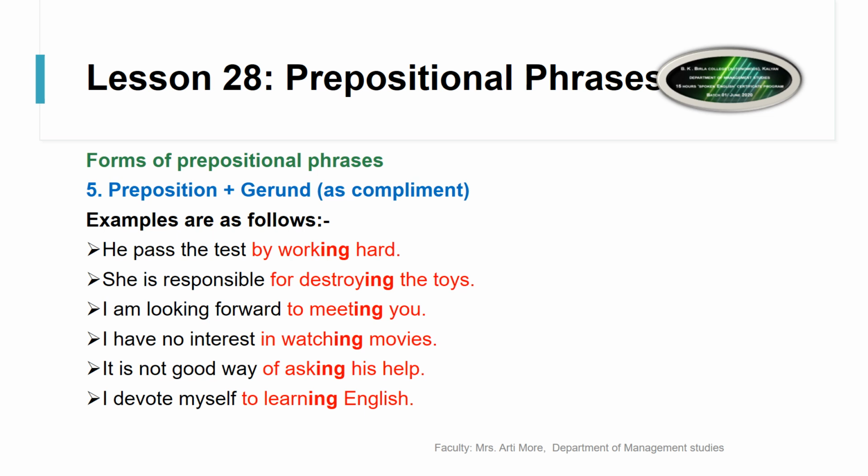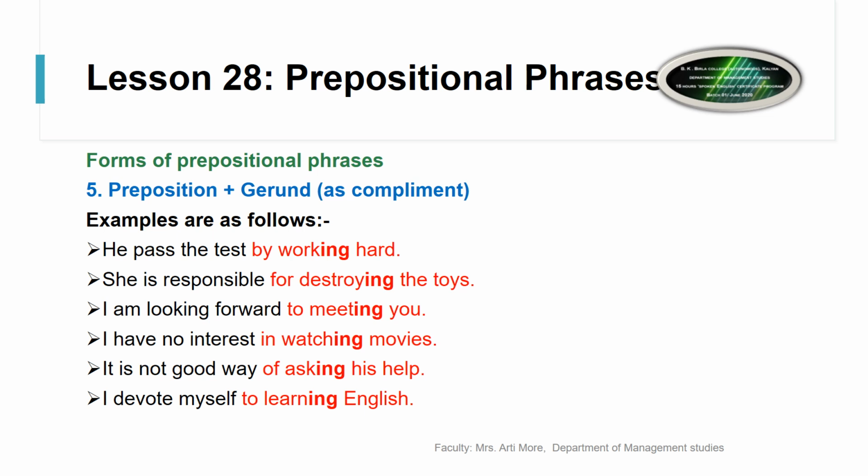Now the last form of prepositional phrase is preposition plus gerund as complement. At the start of the lesson, I have already informed you what a gerund is. Still, I will just give you a brief idea. What is a gerund? A verb which ends with ing is also known as a gerund.